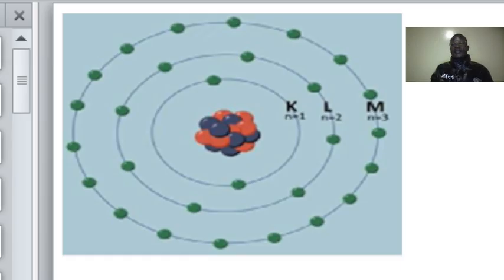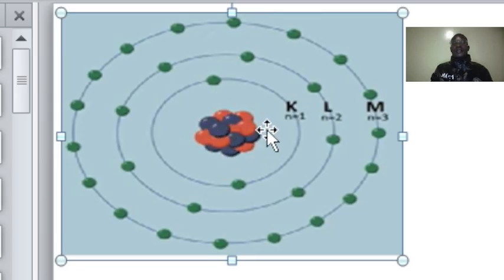The second property that influences the binding energy is the number of protons in the nucleus. The greater the number of protons in the nucleus, the stronger the force of attraction of the electrons to the nucleus. When the number of protons increases within the nucleus, the positivity increases, and therefore the nucleus becomes more positive. If the nucleus is more positive, the force of attraction, the electromagnetic force, is also strong.